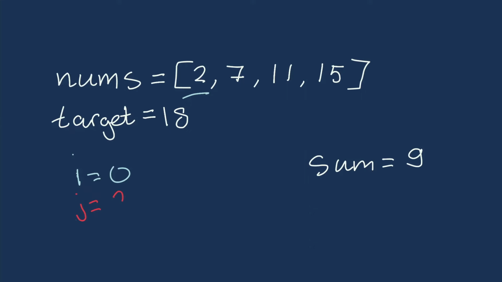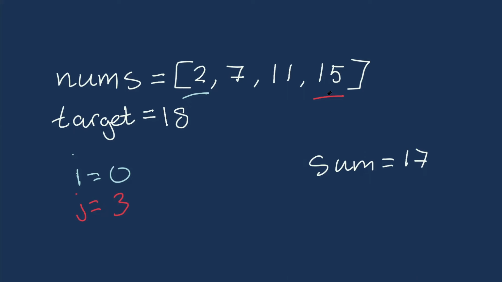So j would be 2 in this case, which is 11, and then we add 2 to 11, which is 13, and compare to our target of 18, and it doesn't equal the target, so we continue with the iterations. j would be 3, which is 15, and we add 2 to 15, which is 17, and still we have not reached our target, but we've reached the end of the array.